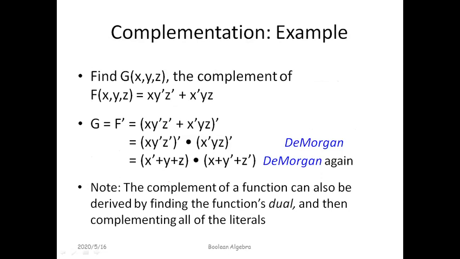Here's an example. Find G with the variables x, y, and z, which is the complement of f of x, y, and z, and we have that expression. So we are asked to find G, which happens to be the complement of f. In this case, we'll simply look at f and its complement.